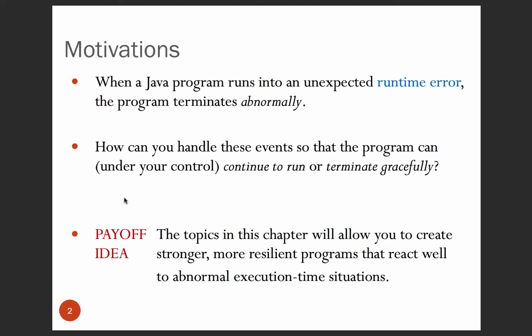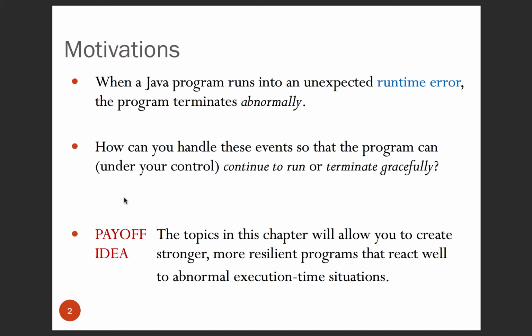So our program can be terminated abnormally due to those reasons. That is what unexpected runtime errors are: errors which were not detected during compile time, when the compiler compiled the program, but happen during runtime when we run the program.